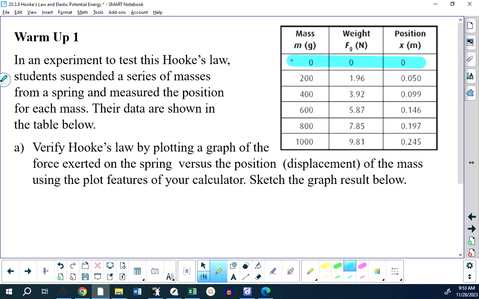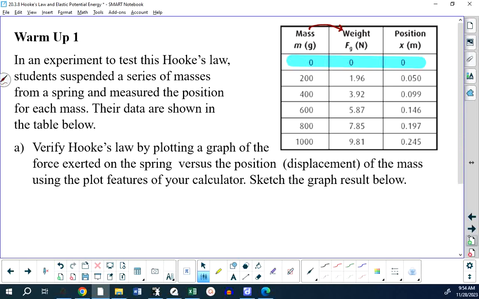And you measure the displacement from where it starts to where it ends, however you're going to do that, and your springs will not have little red markers on there. And you measure that, that's going to go on the horizontal axis, but you need to put the force on the vertical axis. If this is 200 grams, how do we convert that to an applied force? Well, we find the weight of it. You multiply by 9.81. And that's all that's happened here, is somebody has taken the mass and they've multiplied by g in order to get the weight.